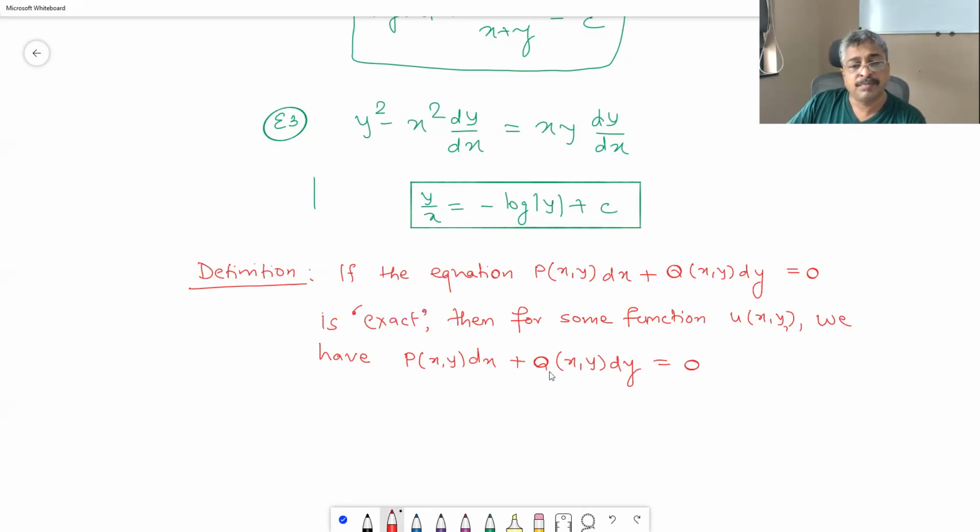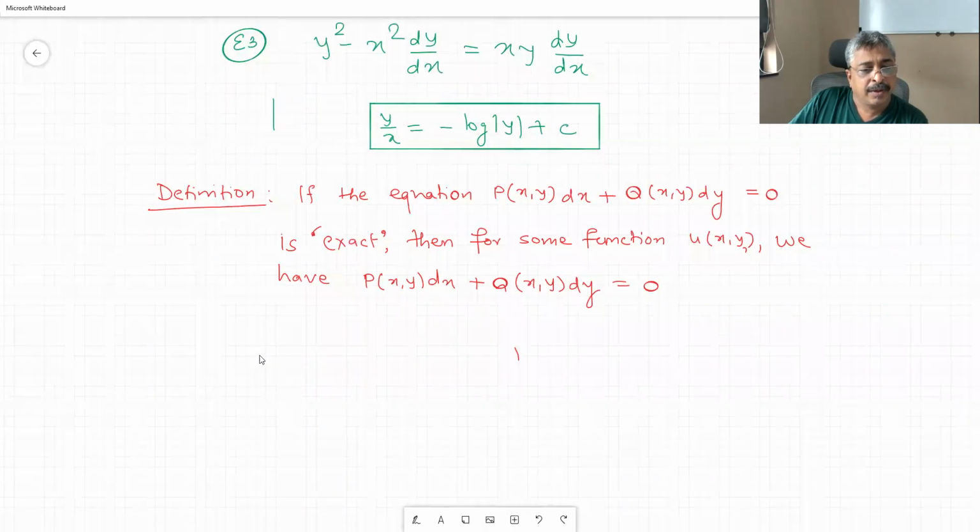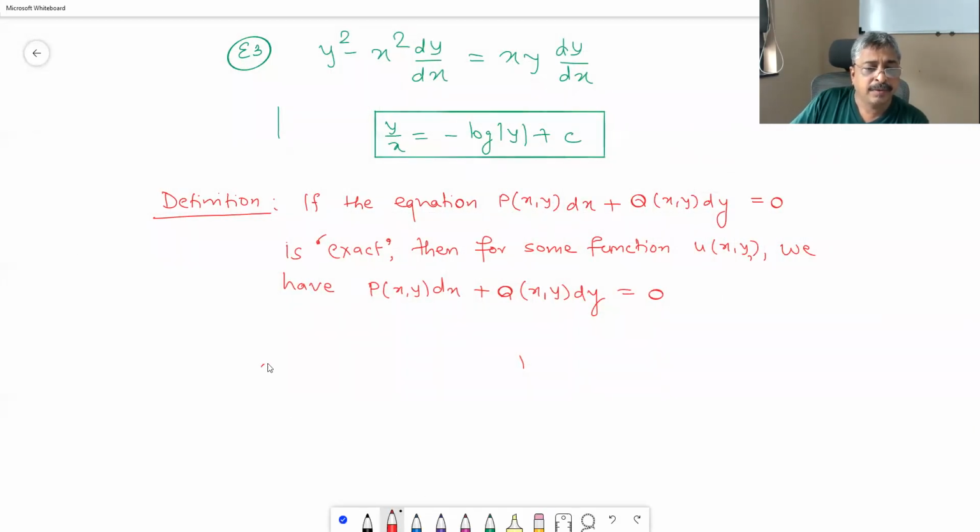Say, for example, suppose we start in this direction. x square plus xy is equal to constant. Suppose we have this equation with us.